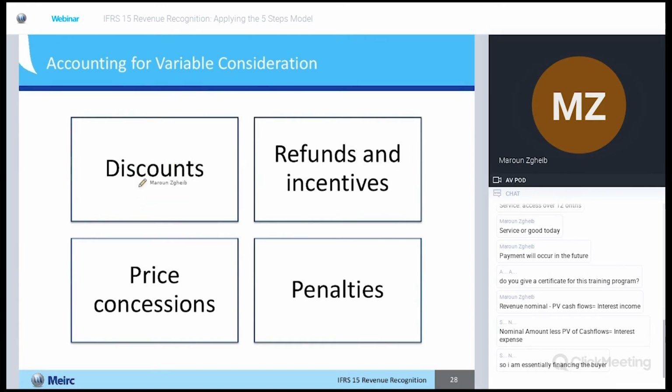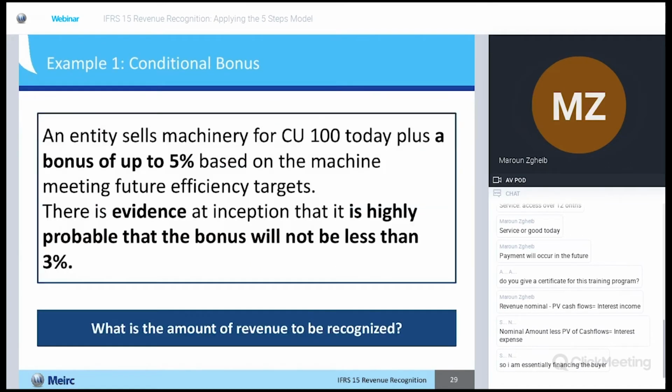Examples in this case can be discounts that the company provides to the customer. Another example can be refunds and incentives that you give to the customer, penalties that you charge on the customer, or price concessions. Let's take an example here and then you'll understand. An entity sells machinery for 100 CU today plus a bonus of up to 5% based on the machine meeting future efficiency targets.